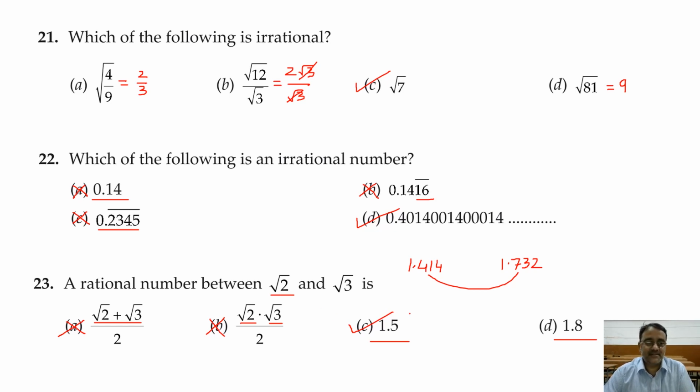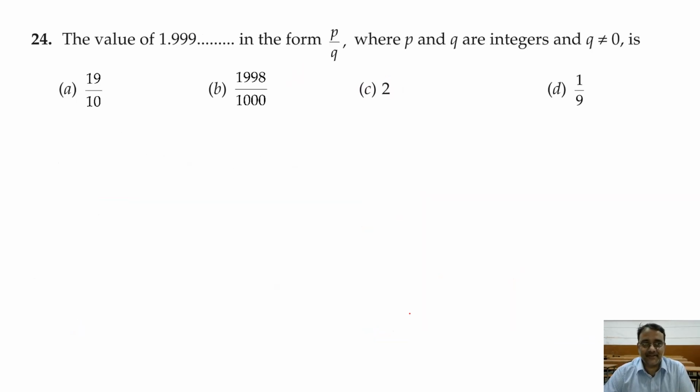No, sir. Right. So now we are moving toward question number 24. The value of 1.999 and so on, or we can write 1.9 bar, in the form of p by q, where p and q are integers and q is not equal to 0, is dash. So let us solve it once by the method.